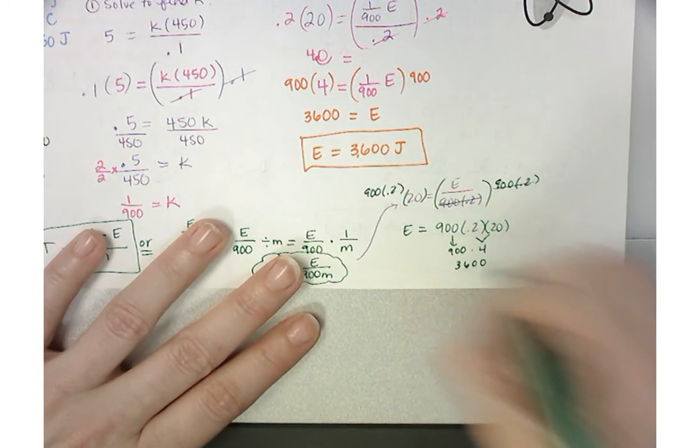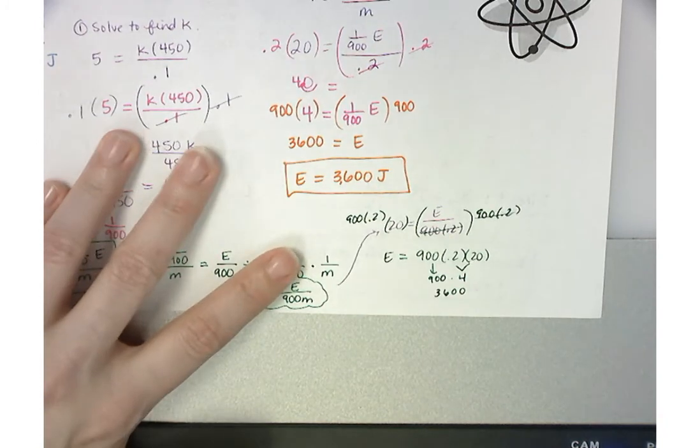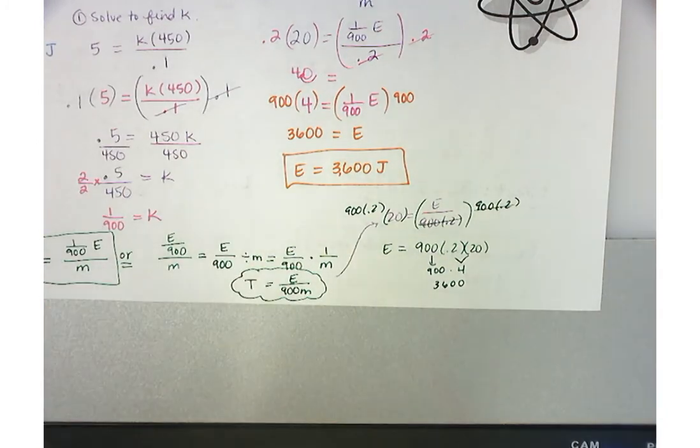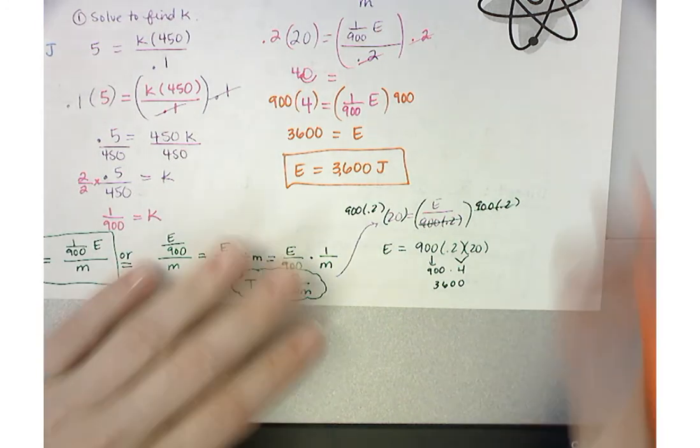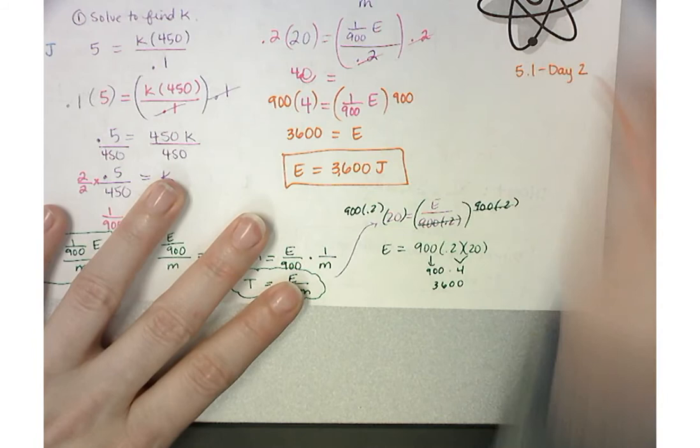So if you did your 5-1 day 1, I'll check that tomorrow with the 5-1 day 2. Make sure that you guys are showing your work, because if you're not showing your work, I'm going to assume that you used your calculator.